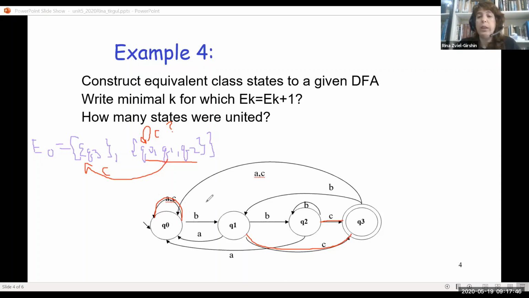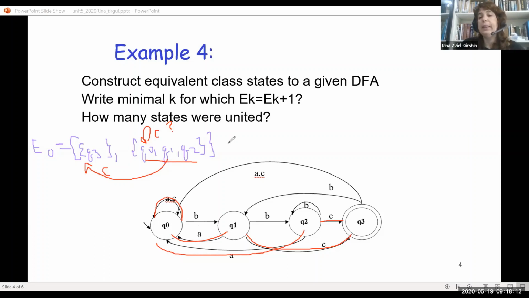But we also have an input letter A. Q1 with A goes to Q0, Q2 with A goes to Q0, Q0 with A stays with Q0, so A also doesn't help me. I go to the same state, so I can't separate.